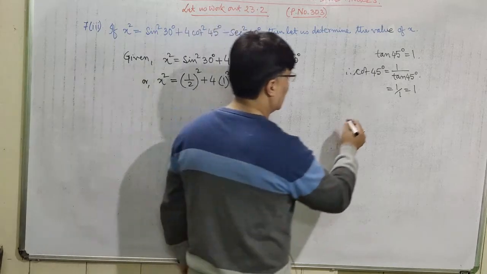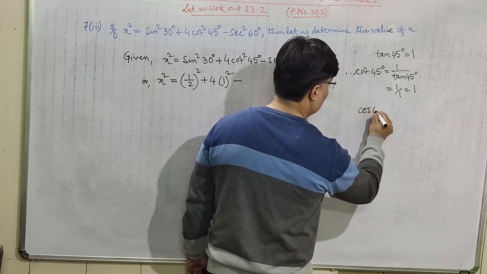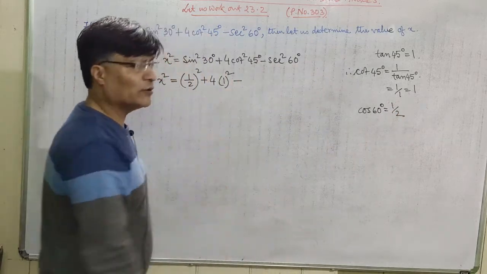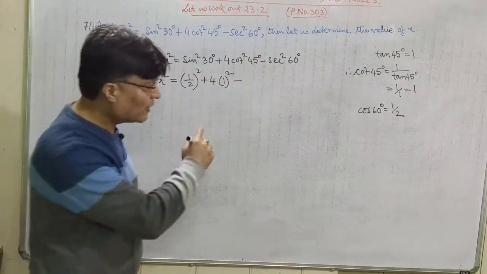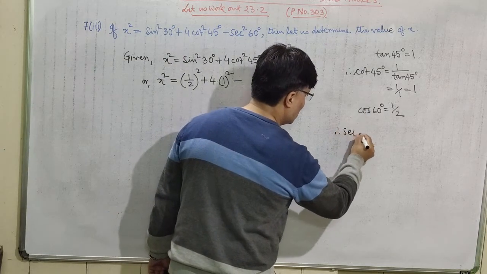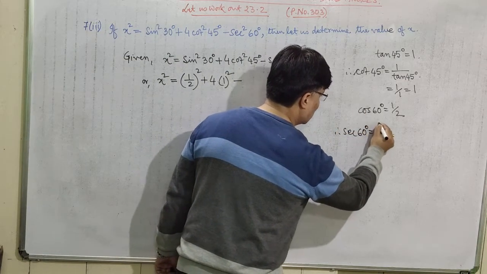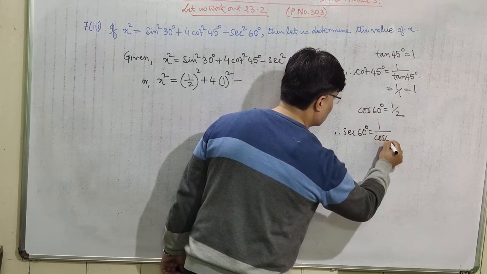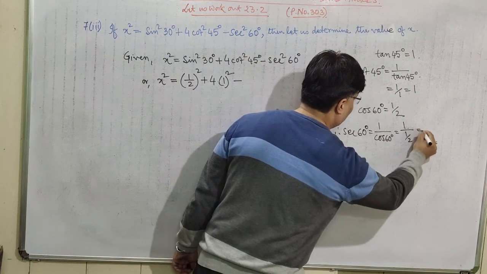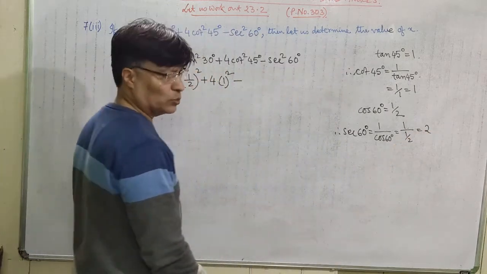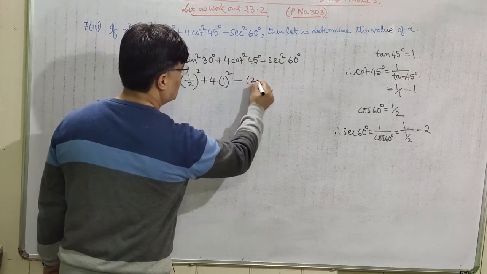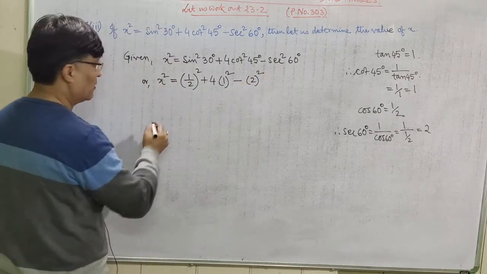So sec 60 degree is equal to 2. So it is 2 whole square, right?